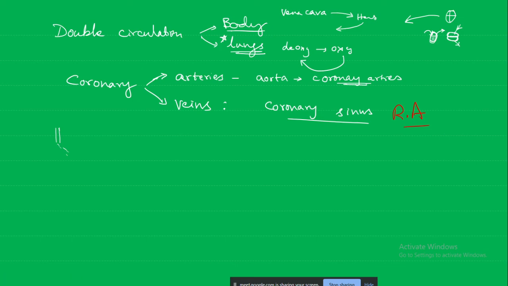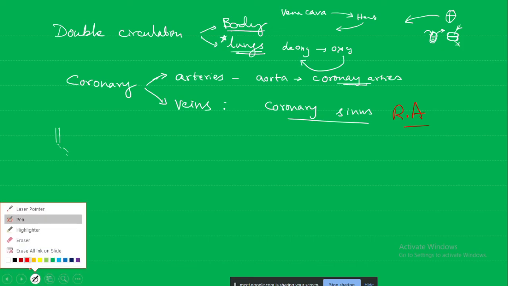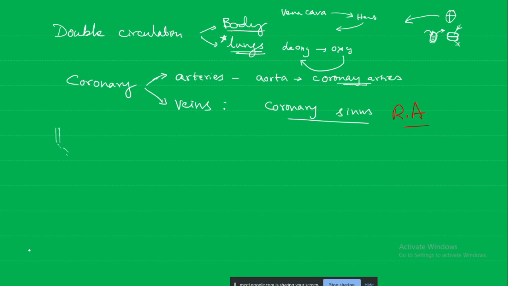Next, the normal blood pressure of a human is 120 by 80 mmHg.